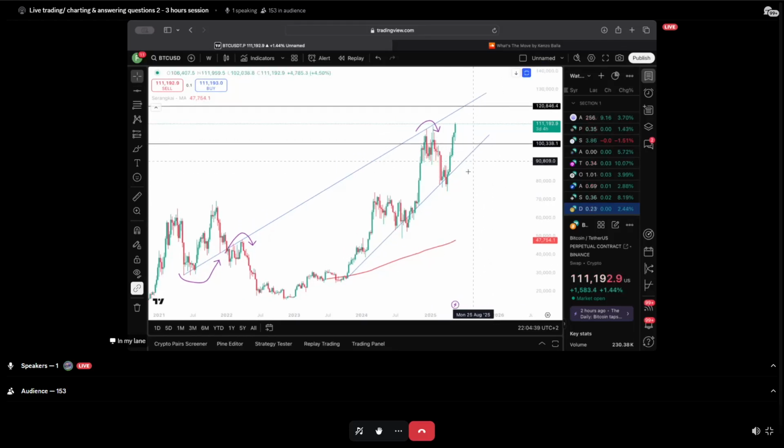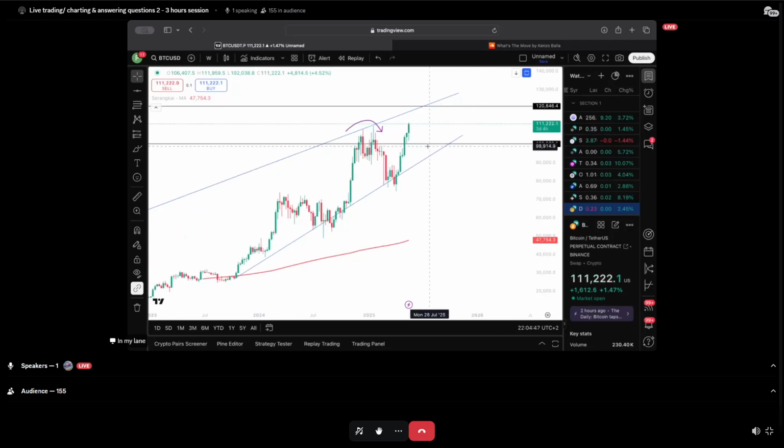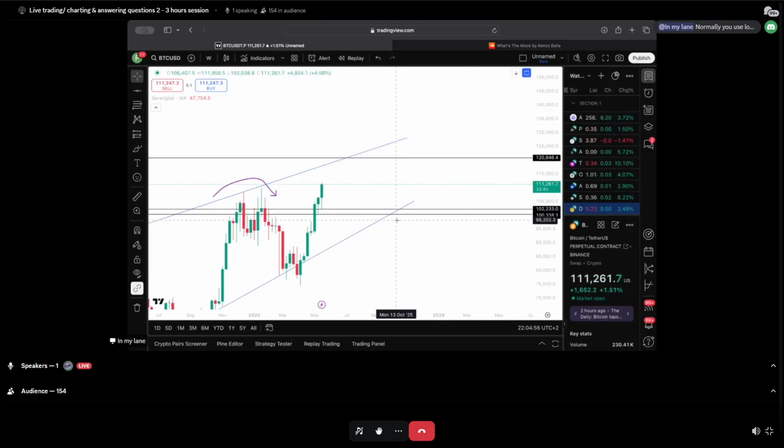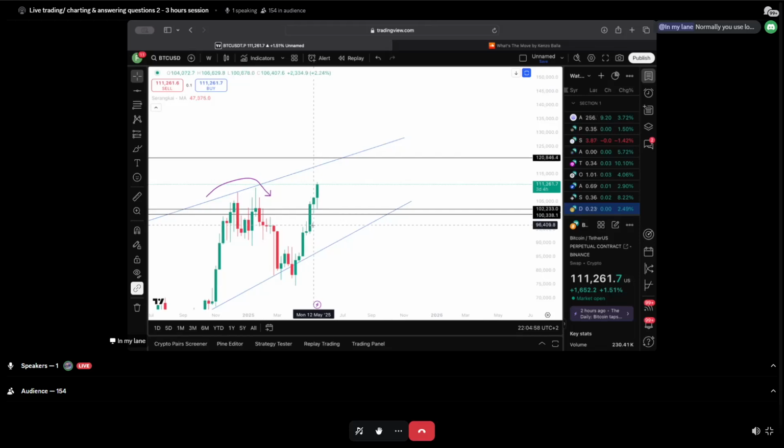As I said before, the main key level is 99k, like around there. Here we got like 100k, but we have also 102k over here. So those are the main support key levels. If we break those, like those are the bull run levels we have.